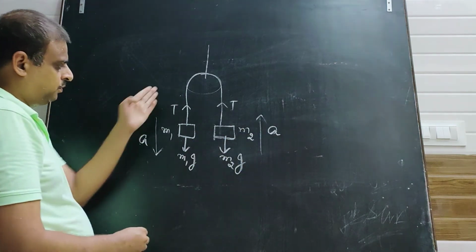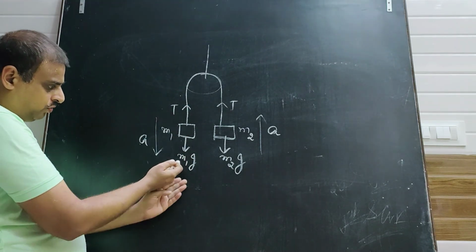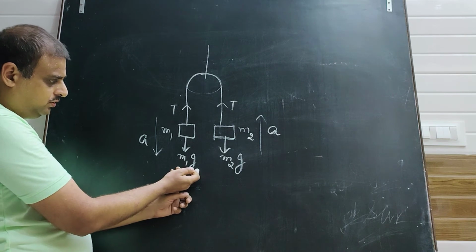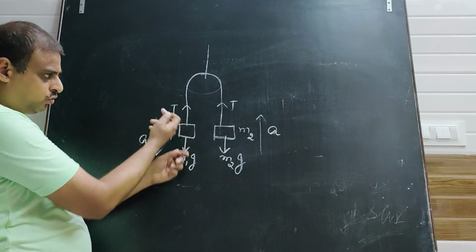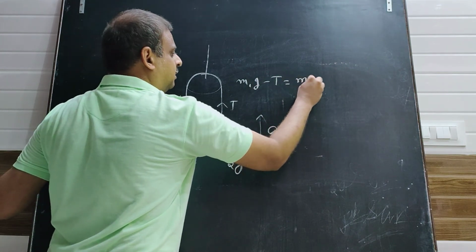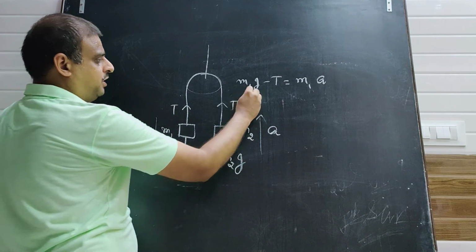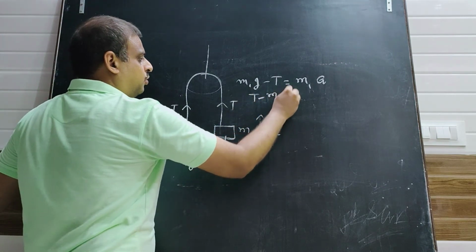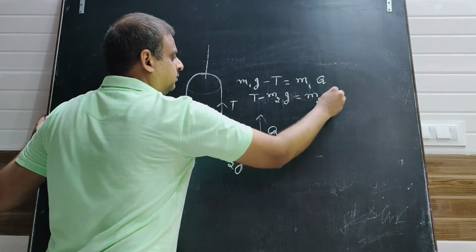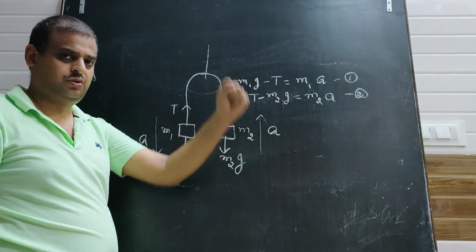We can have a free body diagram for this equation. This is going downward, m1g positive, T negative. So net force will be equal to m1g minus T is equal to m1a. And for this, acceleration is in upward direction, so tension is positive. So we will get the value of acceleration and tension from these equations.